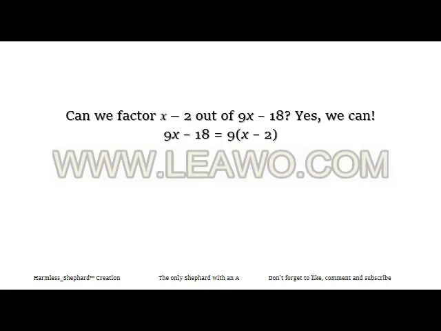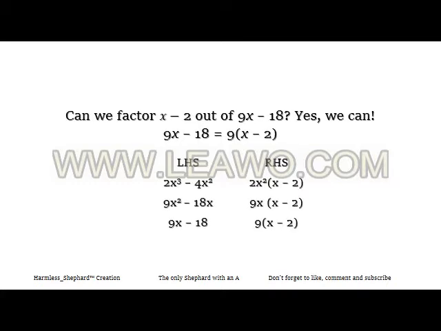So let's give a summary, arranging what we just did thus far. In the left hand side, you see what happened, and in the right hand side, what happened. As you can see, the last calculation that happened, the 9x minus 18, is in the last phase of this summary.